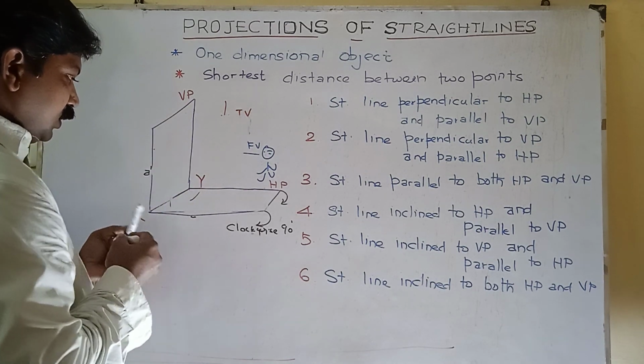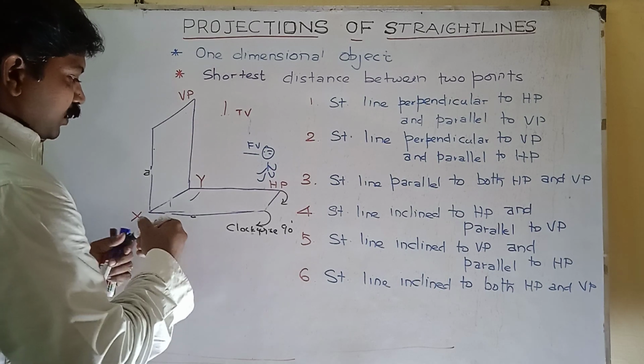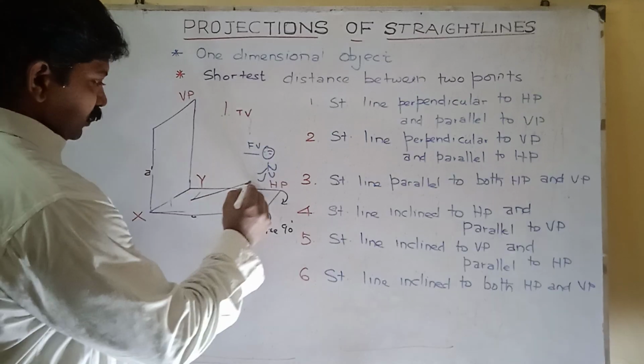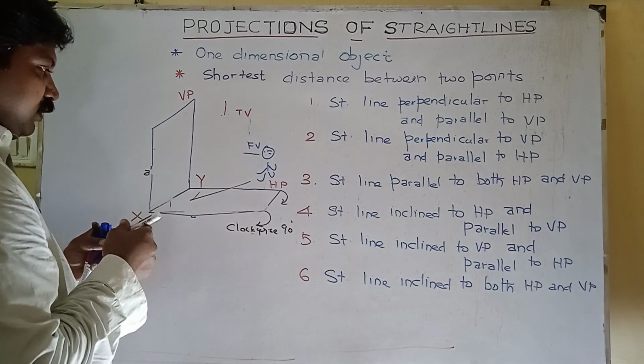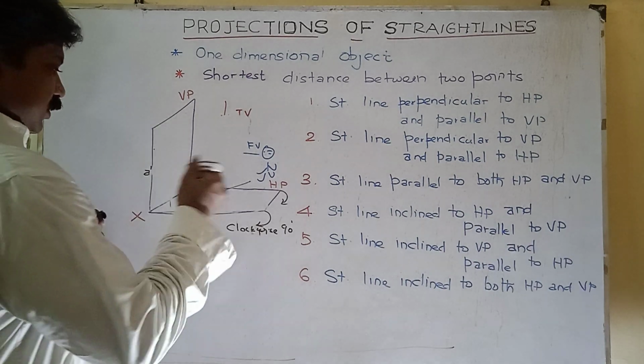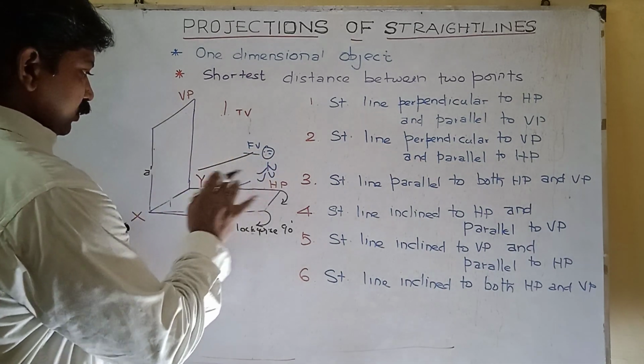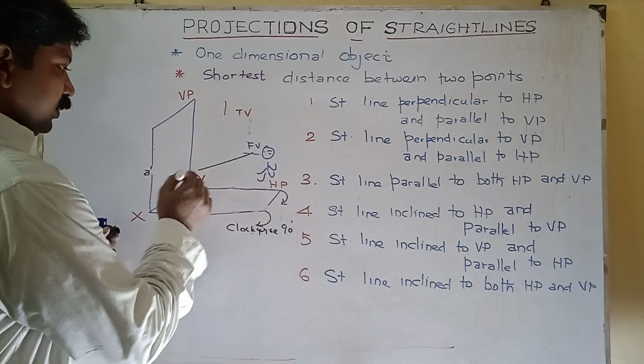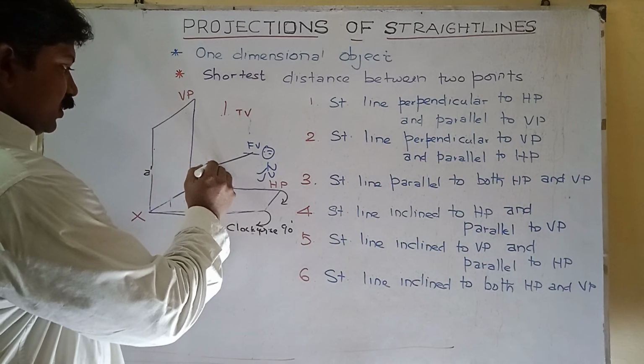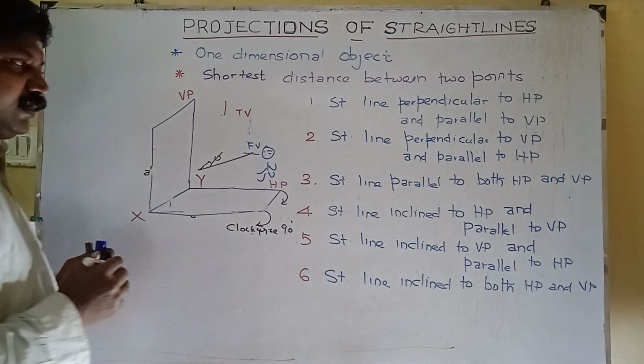So, inclined to VP, how to draw inclined to VP? In this manner. This inclination is generally represented by the symbol phi.